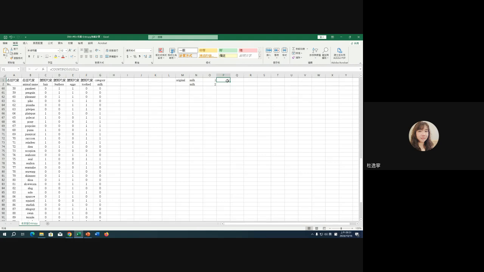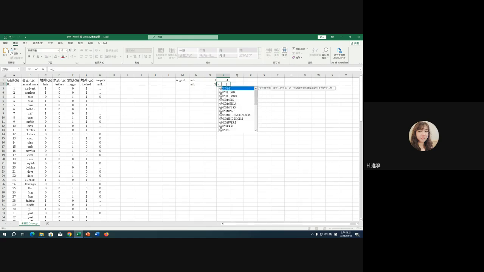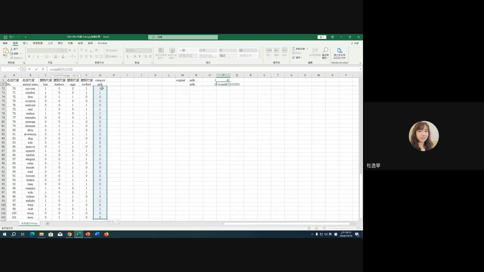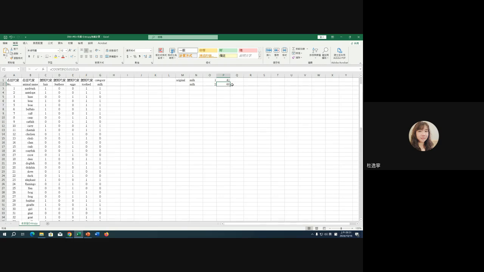So it will be 41, right? One more time, we want to know COUNTIF the other case. If it is 0, how many are there? Same, we use the COUNTIF. Okay, 60.